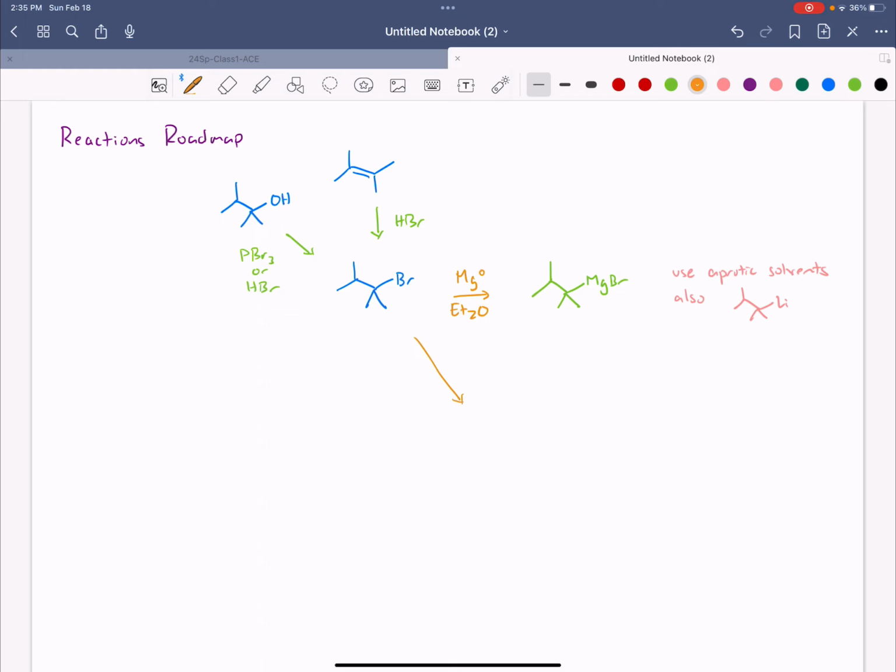I have to come from the Grignard. Okay, the epoxide, let's make it asymmetrical. And what did I use for acid? H3O plus or H2O, HCl.